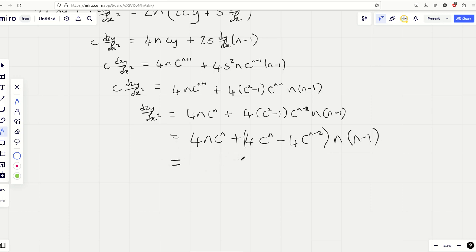What I'm going to end up with here is basically the answer, because if you look, I'm going to have 4nc to the n plus, okay, let's times it through by n first.